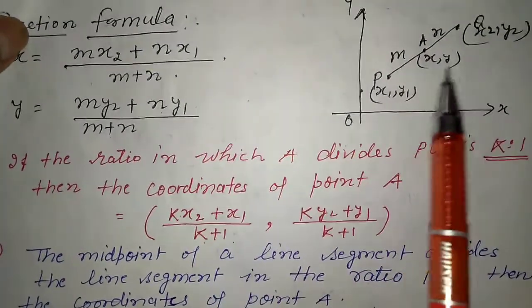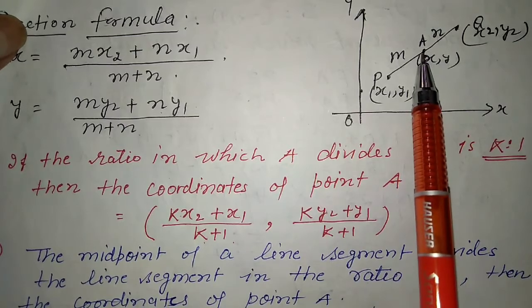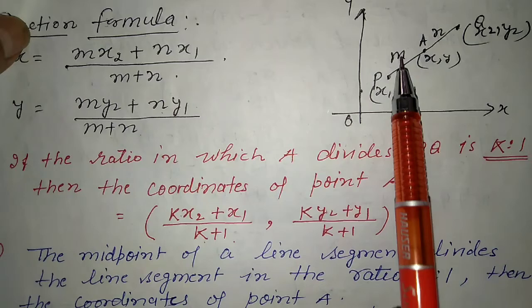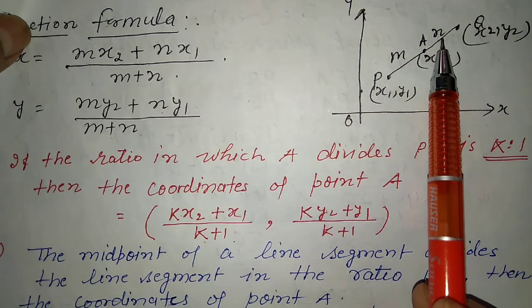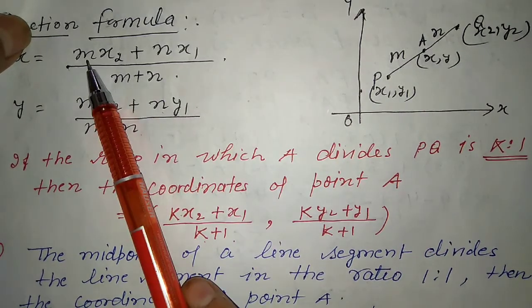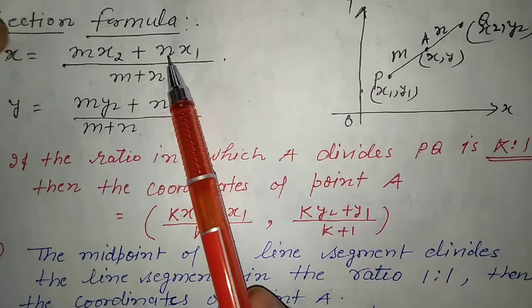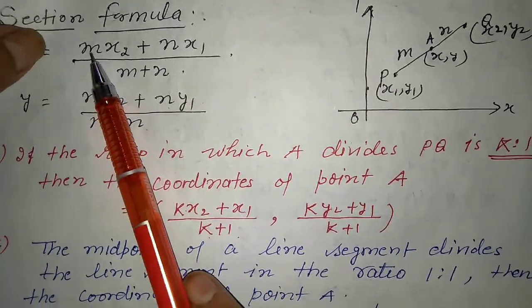Now suppose A is at the midpoint of PQ. Then we take m and n as 1:1. Instead of m we write 1 and instead of n we write 1.